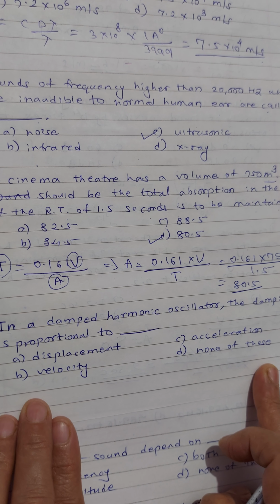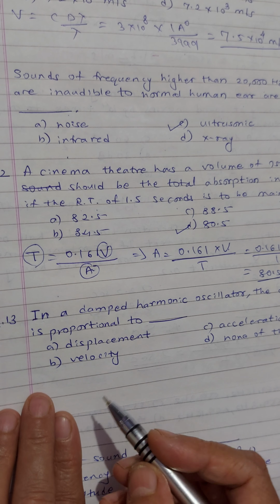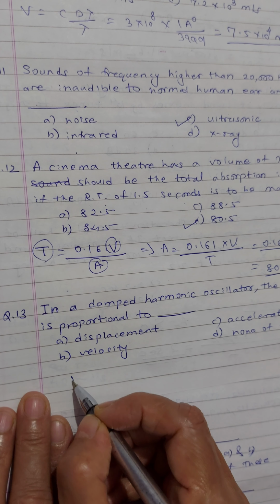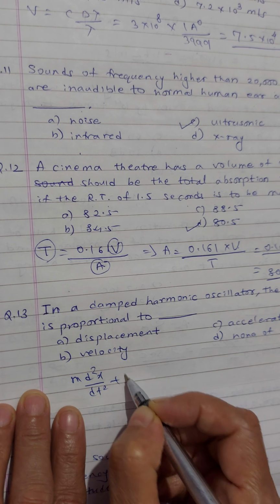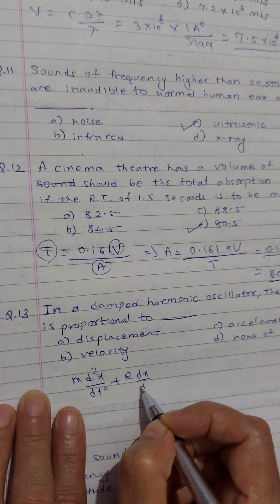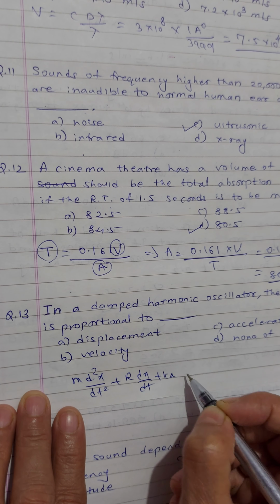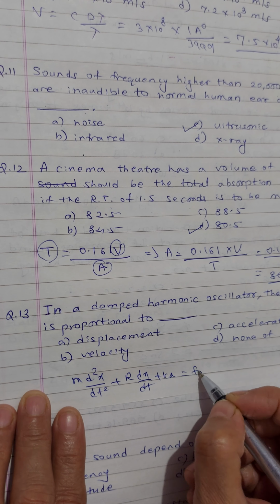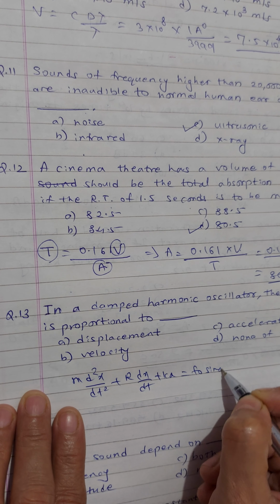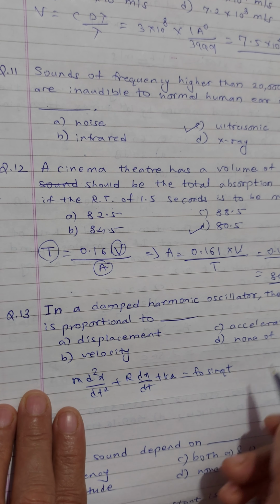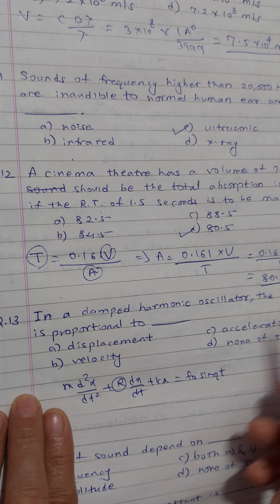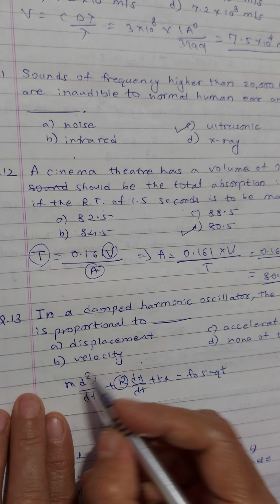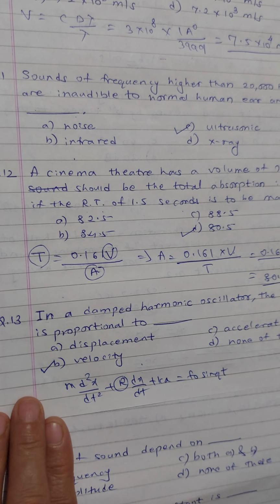So everybody knows that the term m d2x by dt square plus r dx by dt plus kx is equal to F0 sin pt for the damped harmonic oscillator. So R, the damping force, is always proportional to velocity. Correct? Therefore, the answer to 13 is velocity.